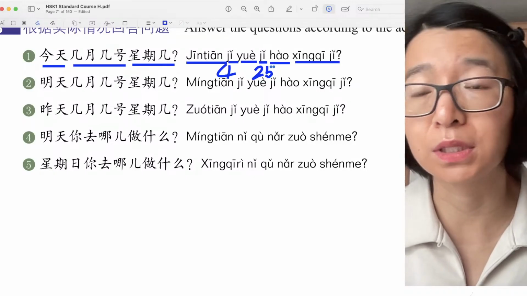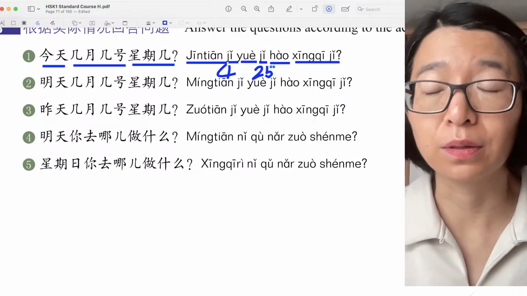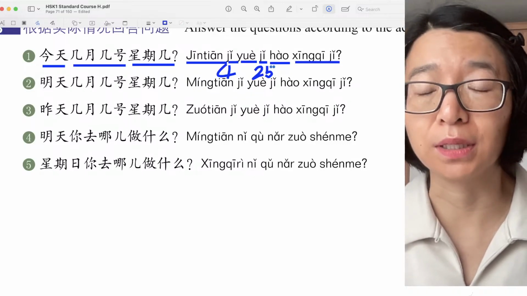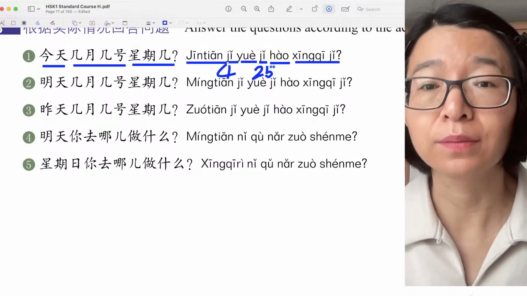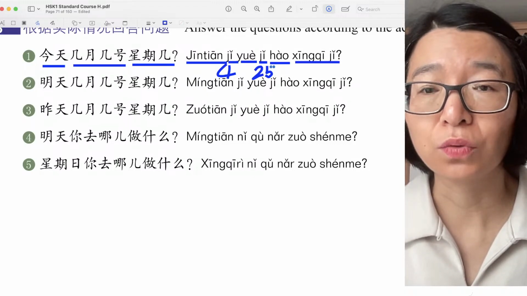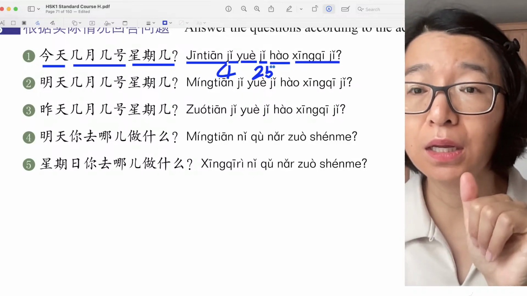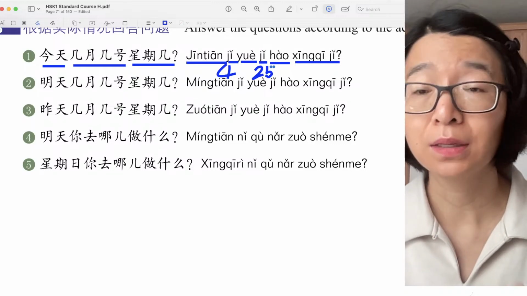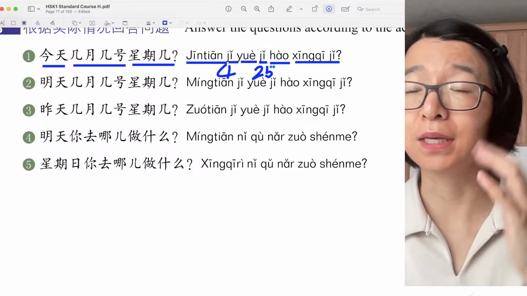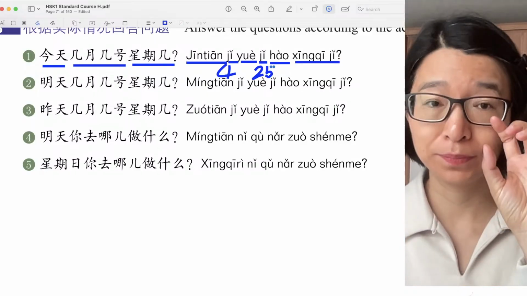How here is optional if you answer this question, but for asking this question, it is important to put it here. Okay, last question. 星期几? Okay, 星期六. You know 六, right? So very easy. You ask the question, answer the question, same order.